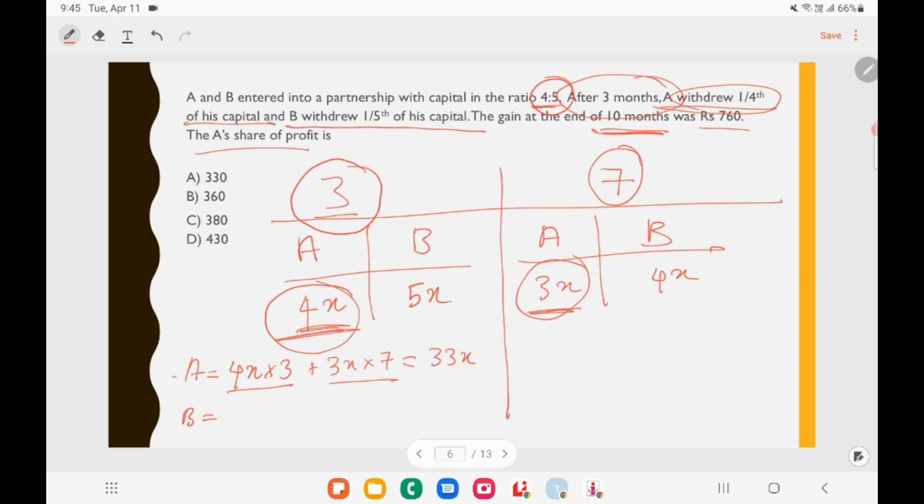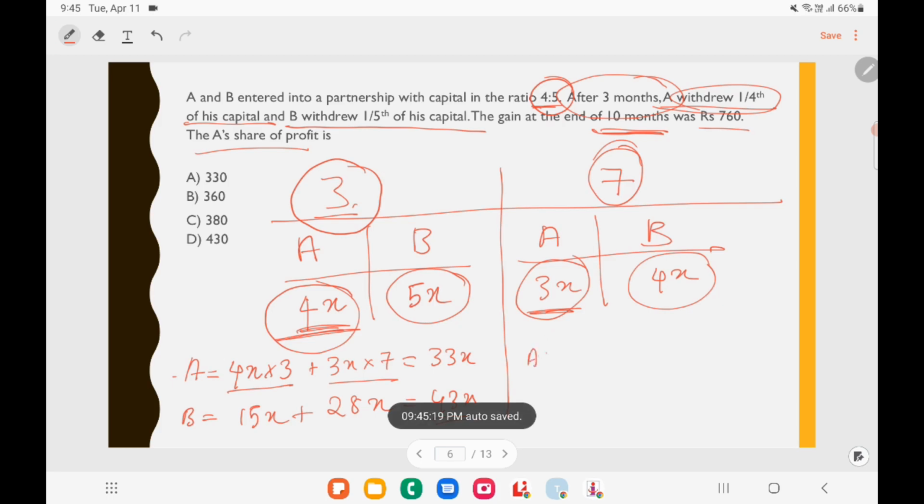Now B's contribution will be 5x into 3, that is 15x, plus 4x into 7, that is 28x. So it will become 43x. Now you need to take the ratio of A and B. So A is to B is 33x is to 43x. We can cancel x, that means 33 is to 43. So their ratio of profit will be 33 is to 43. This you need to find out first.